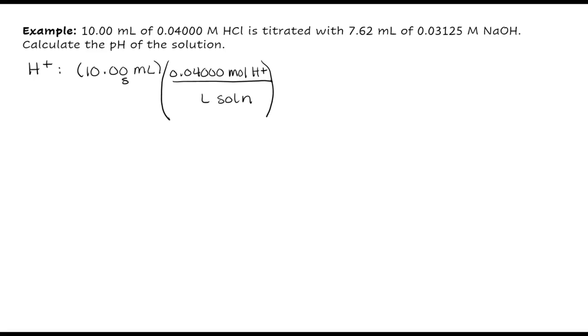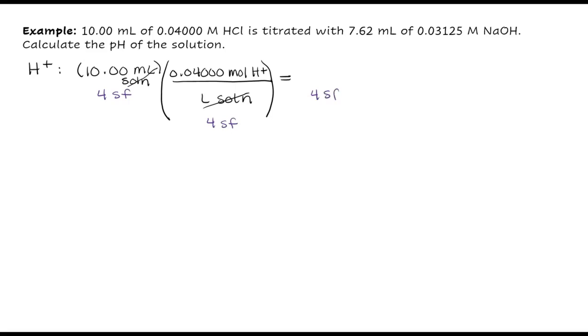Units will cancel, so we had started with 10 milliliters of solution, so liters of solution will cancel liters of solution, and we're left at this point with the milli and the mole. Taking a look at sig figs, we have 4 sig figs in our volume, 4 sig figs in our molarity.